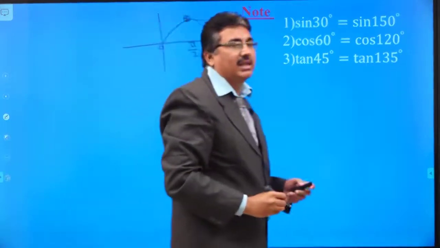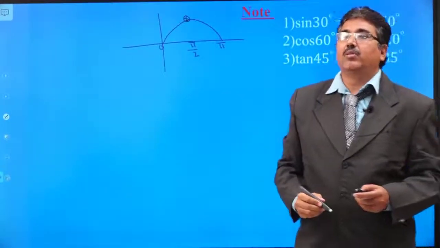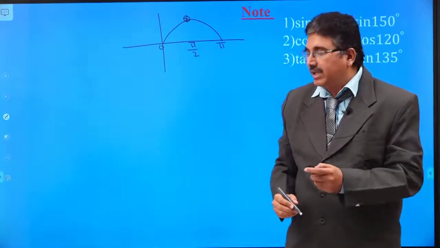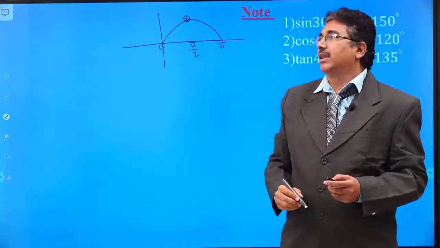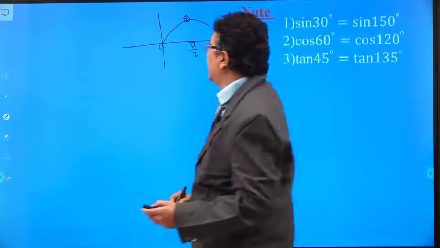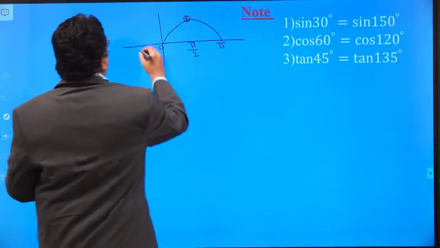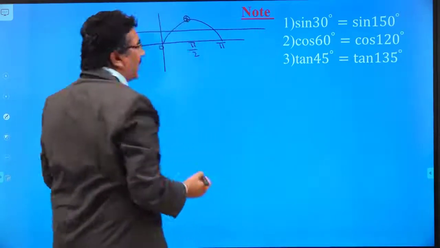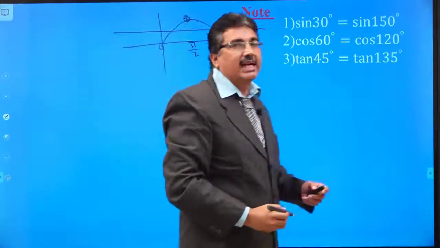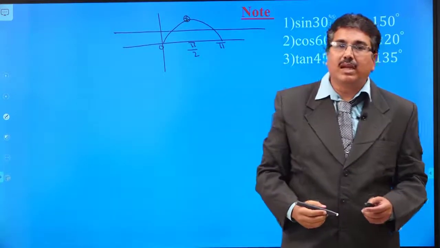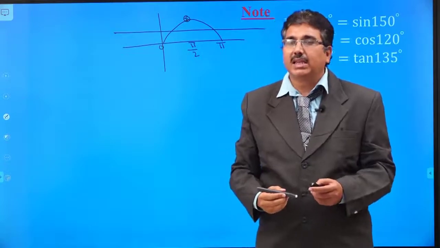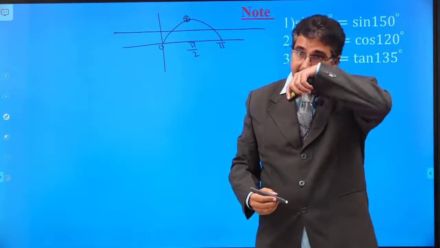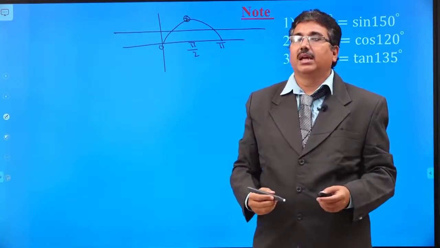Now, verifying whether these functions are one-one and onto. For verifying a one-one function, draw a horizontal line. If the horizontal line intersects the graph at only one point, then the function is one-one, otherwise it is not one-one.